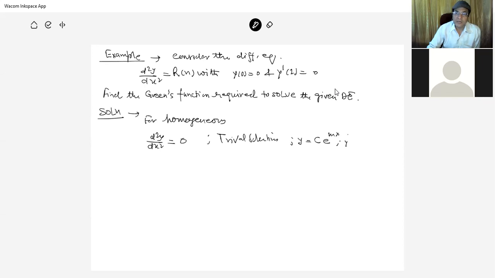So the first order differential is cm e raised to the power mx, and the second order differential is c m square e raised to the power mx.